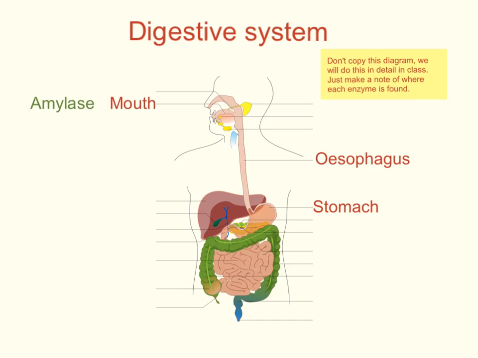Because the stomach is muscular, it can churn the food around and mix it with even more digestive juices. So we've got hydrochloric acid being added in the stomach, and that's mixed around with all of the food and the amylase that's come down with it, because your saliva obviously travels down your esophagus too and enters the stomach. And during that churning, there's another enzyme mixed in along with the hydrochloric acid, and that enzyme is a protease enzyme.